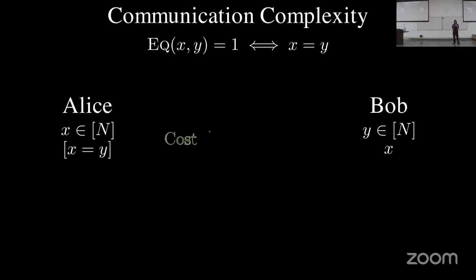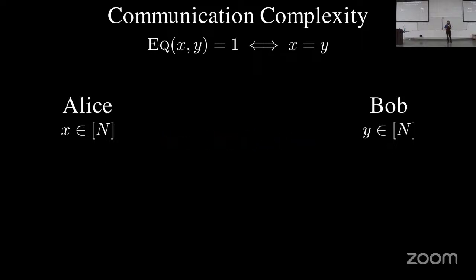And this is very costly. It costs basically as much as computing any function in communication complexity. To encode X, Alice needs log n bits, so it's a logarithmic cost, which turns out to be the largest you can have in communication complexity. Okay, but then maybe we can do better.